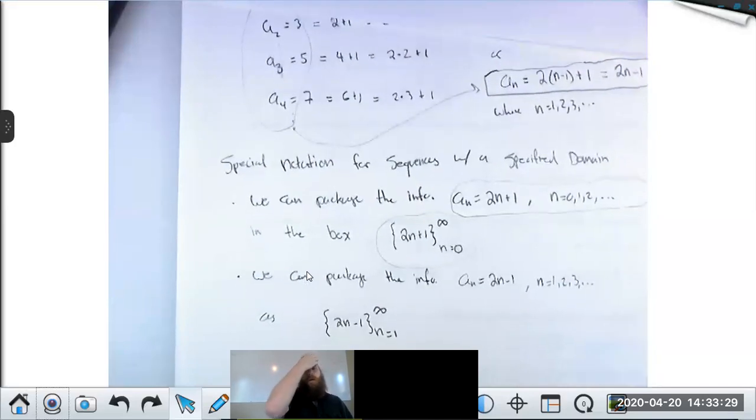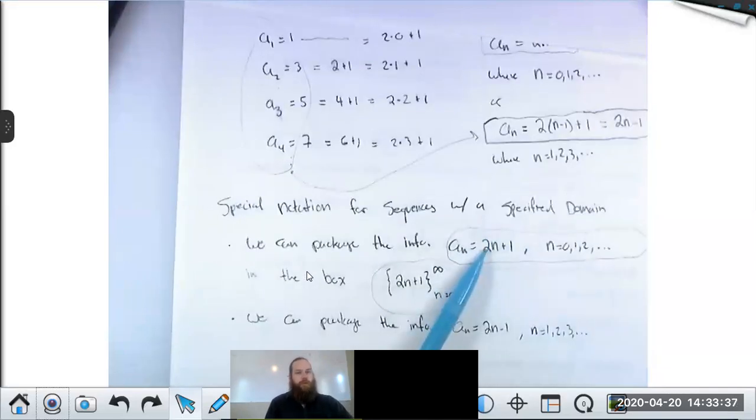So these are the common notation for a sequence. Sometimes you'll be given an explicit formula like an equals this, and then they'll also tell you where n starts separately. Sometimes they'll write everything together in one little block like that. Questions on the notation?